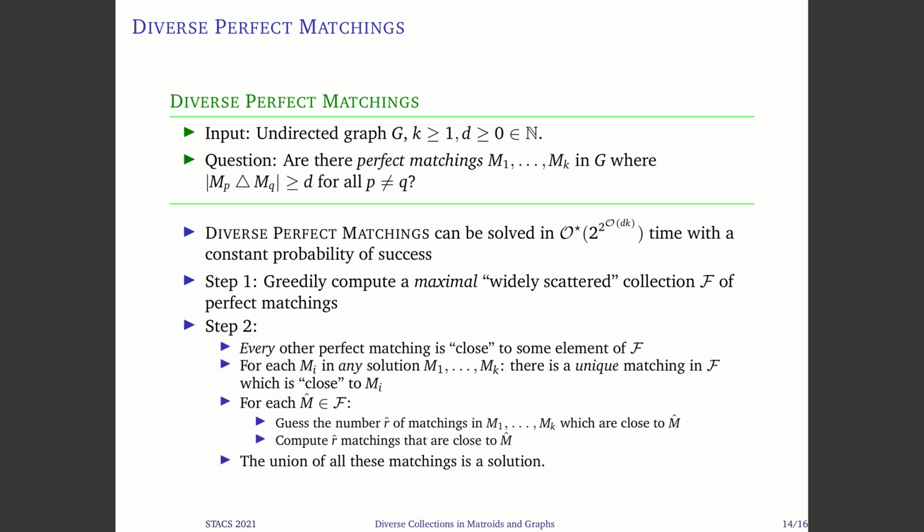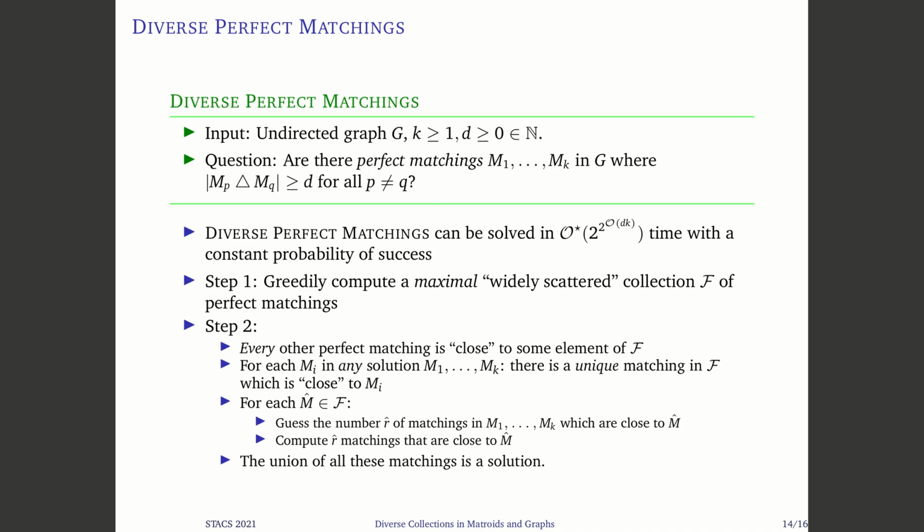If you look at any solution m1 to mk for the problem, then for each matching in this solution, there is a unique matching in our collection which is close to mi, not far from mi. Given this collection of perfect matchings, for each perfect matching m hat in F, we guess the number r hat of matchings in m1 to mk which are close to m hat.